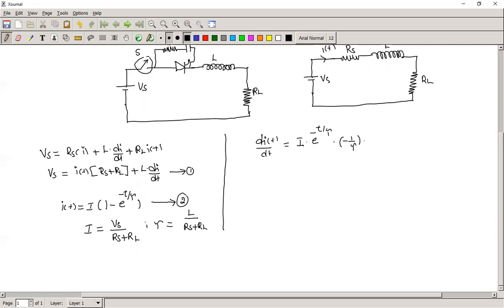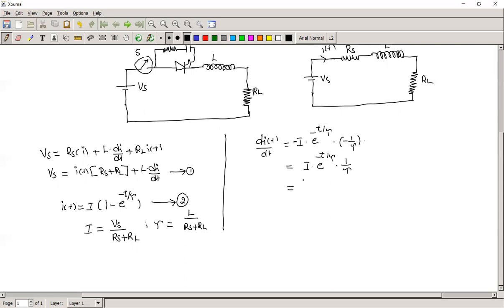Here the minus is already there, so this becomes minus into minus, plus I into e to the power of minus t by tau into 1 by tau.